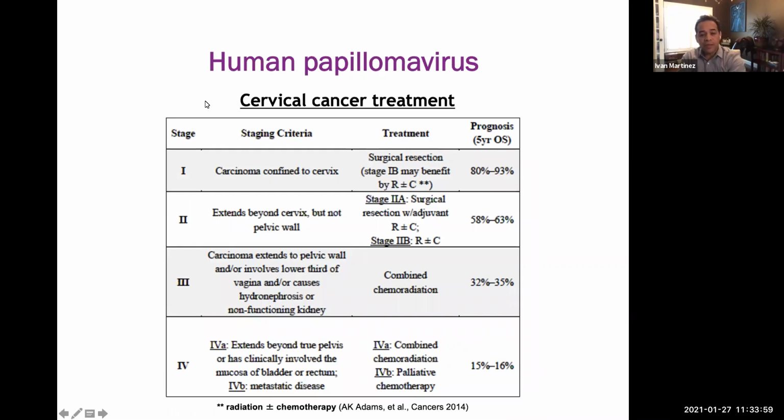As for the stages of cervical cancer, the earlier the stage, the better prognosis, 80 to 93%. But the moment the stages start evolving into stage 2, 3, or 4, the prognosis goes way, way down, all the way to 50% when there are, of course, metastases to other organs.